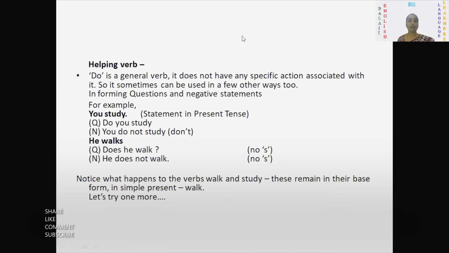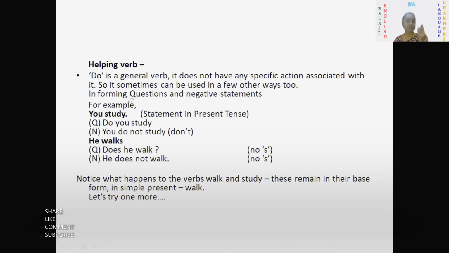Suppose I give you a sentence called, you study. How do you make this sentence into a questioning sentence? Do you study? How do you make that into negative? You do not study. You don't study again. Okay. So here, what we are doing, we are just making that complete sentence into either a statement form, or a negative form, or a questioning form.